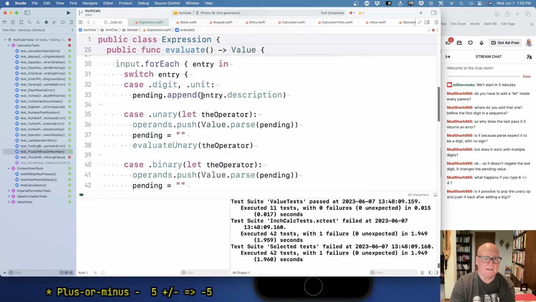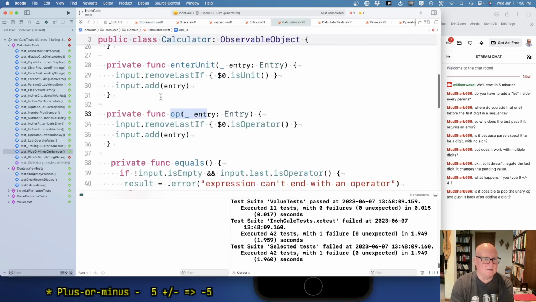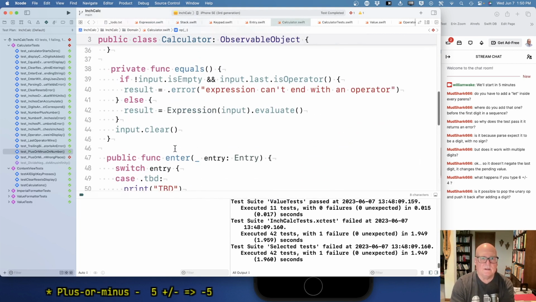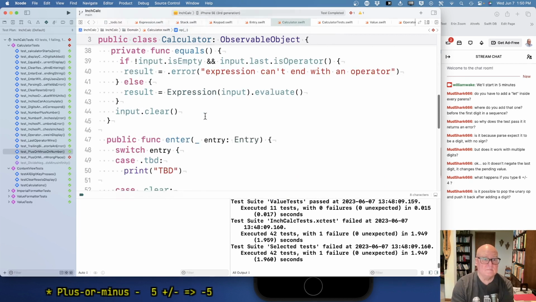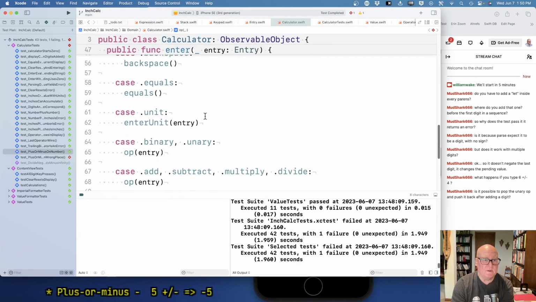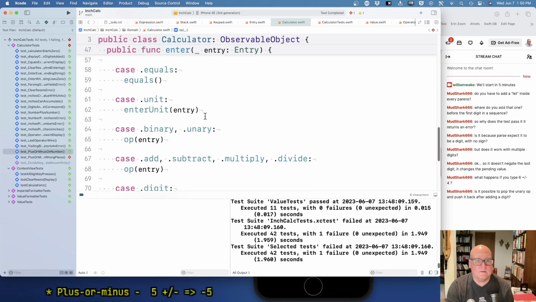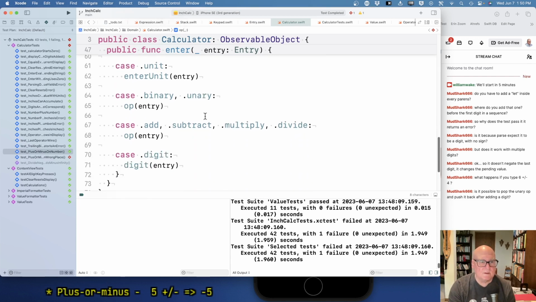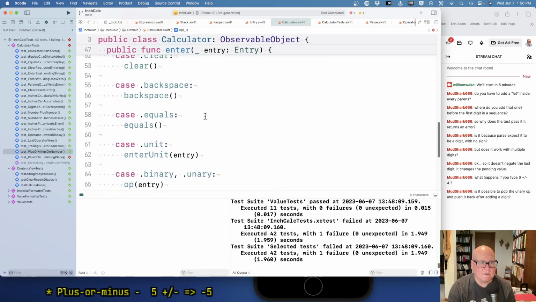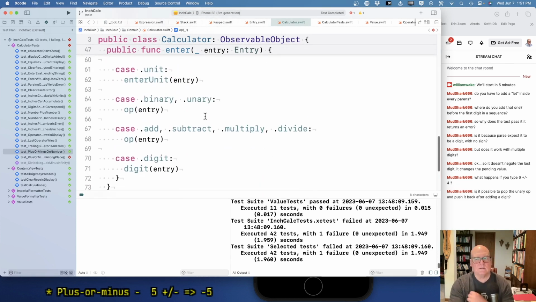Okay, evaluate kicks in here. Calculator is the guy controlling that. Enter. So yeah, I think what you're saying is if we do digit and then unary op, right?